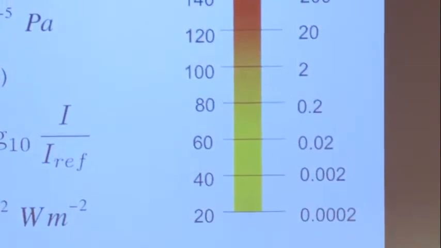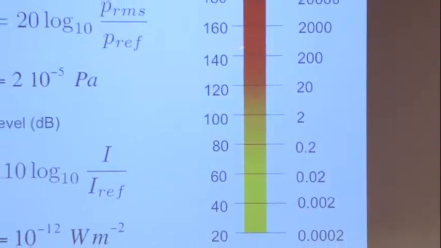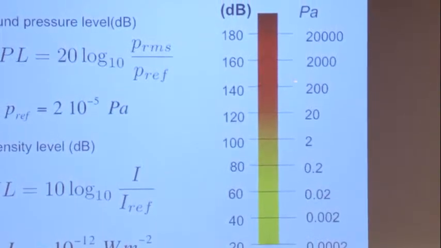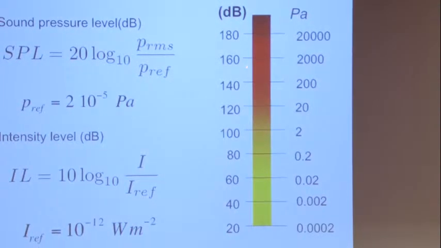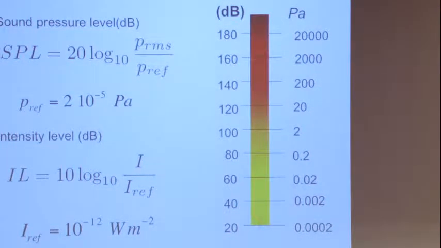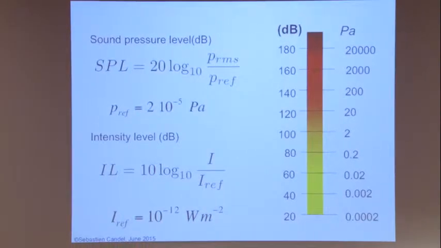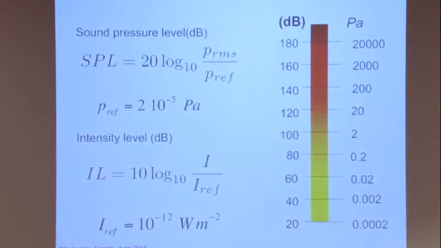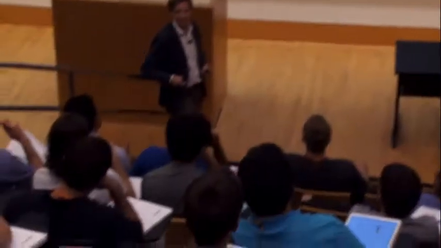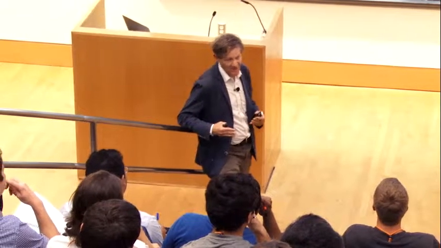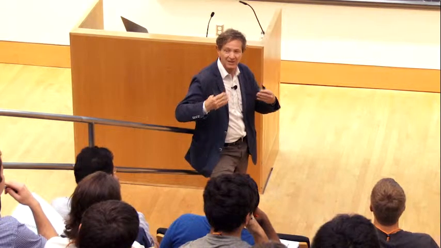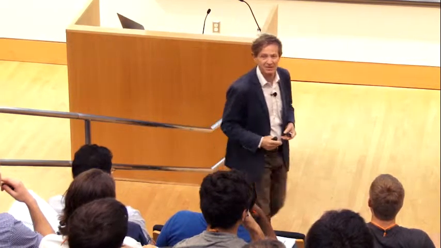And the typical oscillations in practical systems can reach 160 decibels, levels of that kind, or even higher for rocket engine oscillations. Can that still be described as linear acoustics?